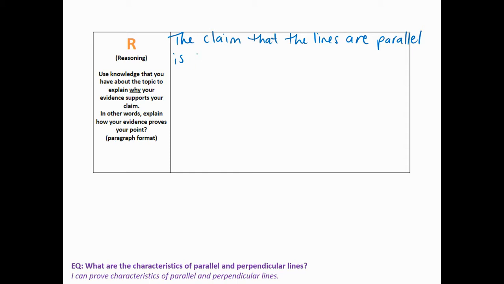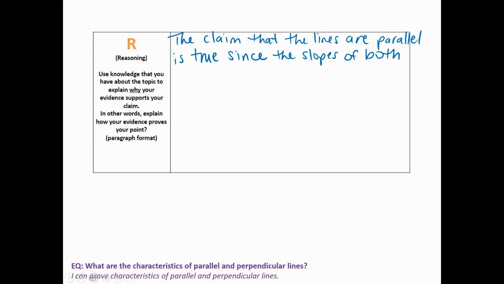Is it false? Is true since the slopes, and here's where I'm giving my reasoning. I'm going back to my evidence and talking through that.